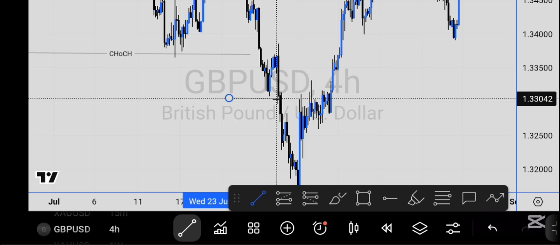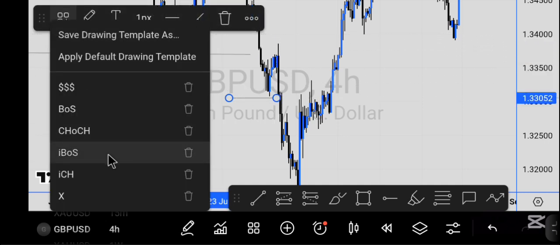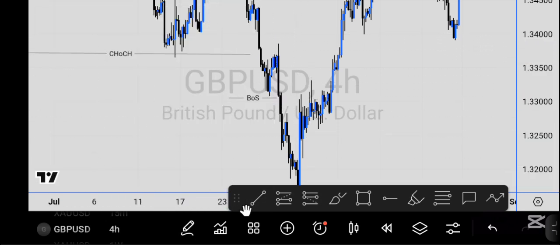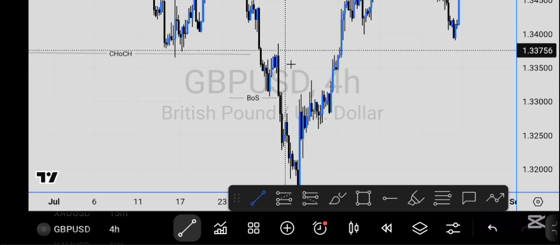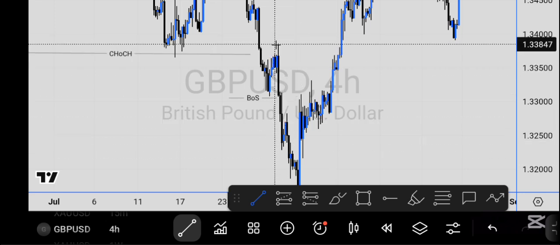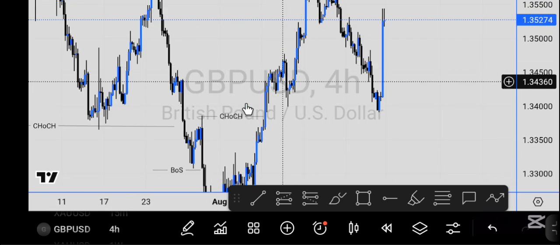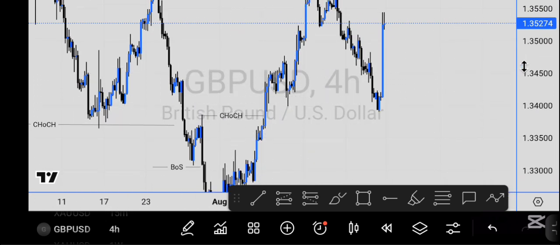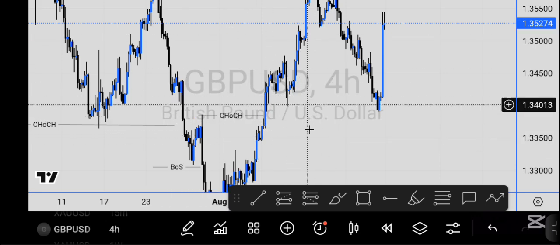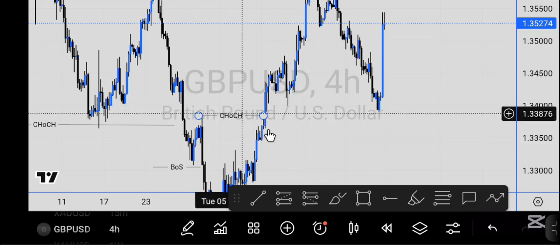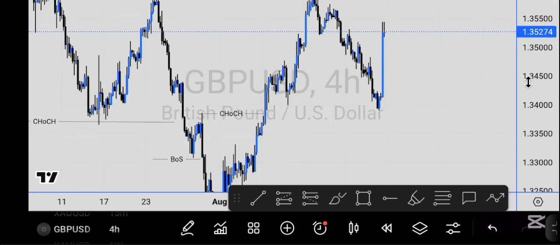And when price comes to take out this high, we have a change of character. So having our change of character here, it's confirmed that our weekly structure, that price wants to be bullish.